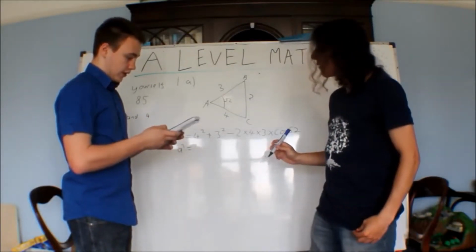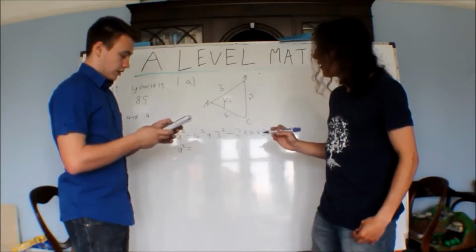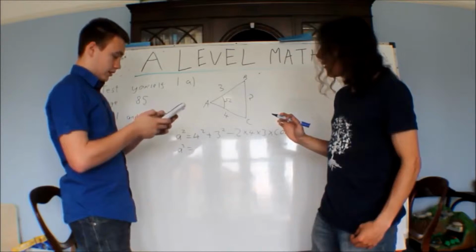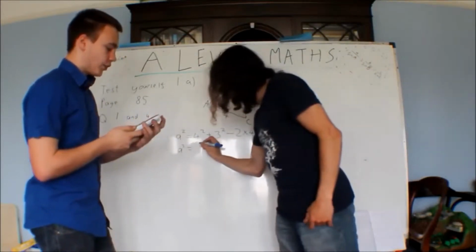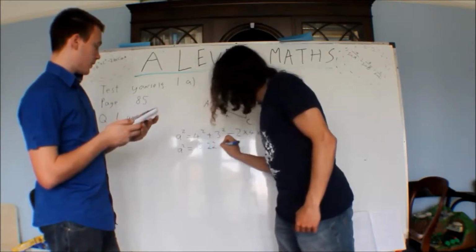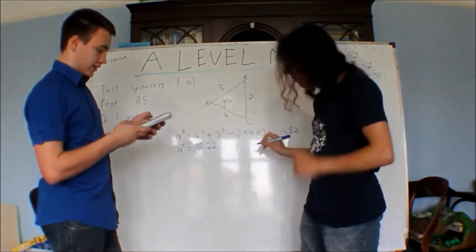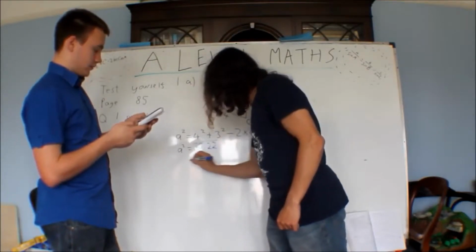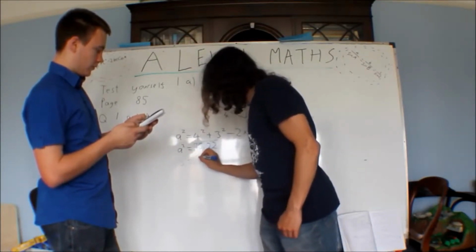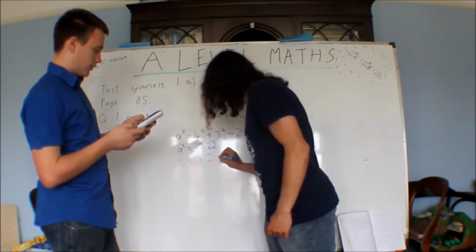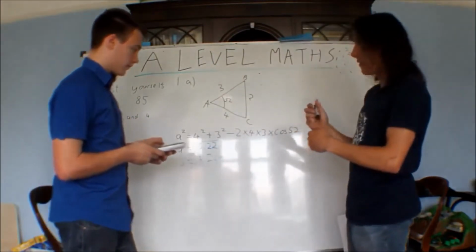So 25 minus the answer is 10.22. And the square root of the answer is 3.19. A equals 3.19. We could just round it to 3.2 centimetres. And that's the answer.